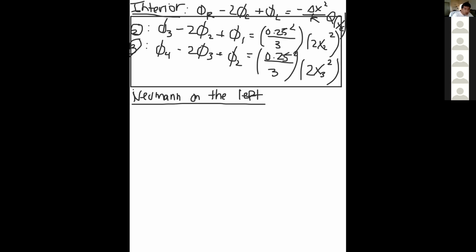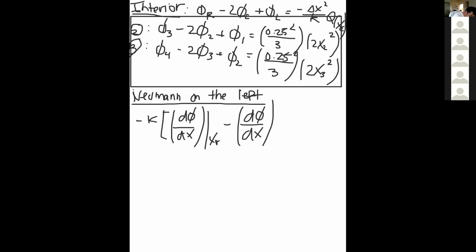So after we applied the divergence theorem and we applied our trapezoidal rule, we get the following. Okay. So we have minus k times d phi dx evaluated at x r minus d phi dx evaluated at x l.